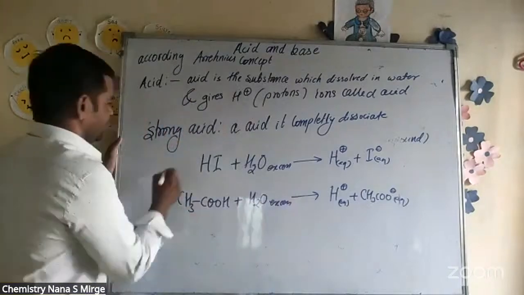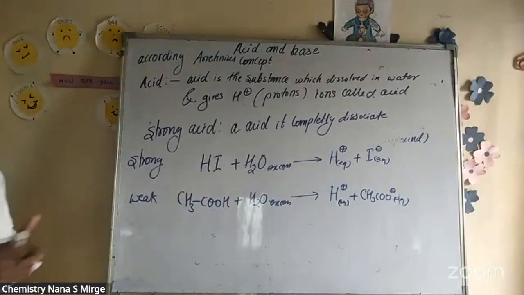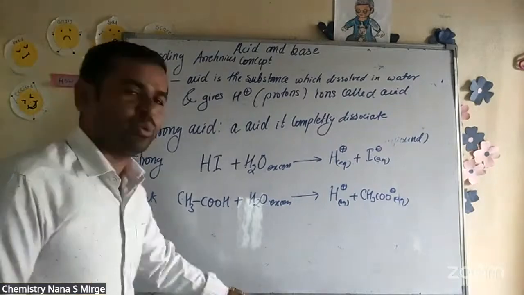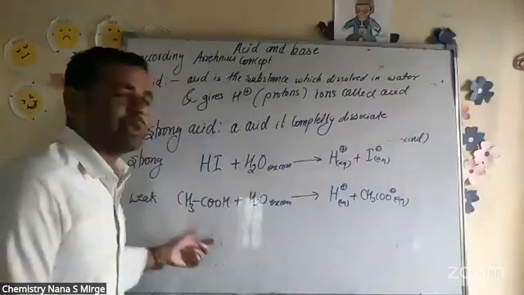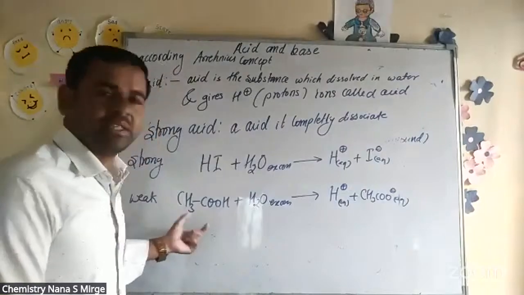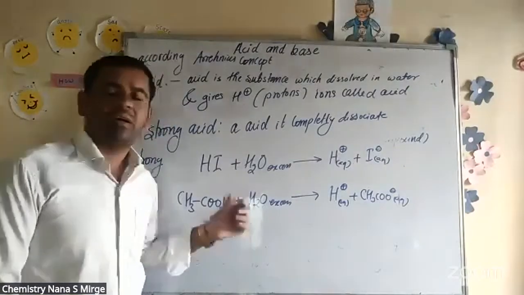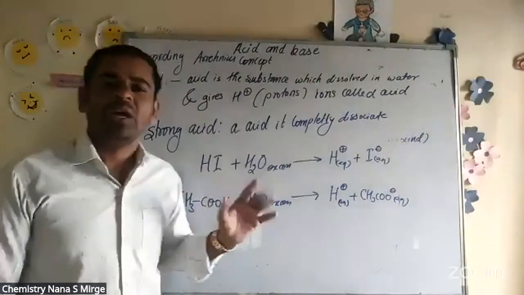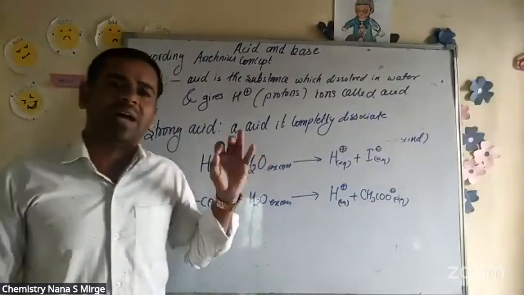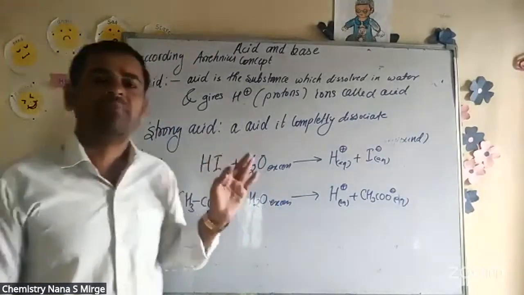So it is a weak acid, and the other is a strong acid. The difference is that a strong acid dissociates easily and completely, and nothing remains. But a weak acid does not dissociate 100%, some amount remains. For example, if we take 1 litre of acetic acid, 200-300 ml will not dissociate and 700 ml will dissociate. The acid that completely dissociates is called a strong acid.